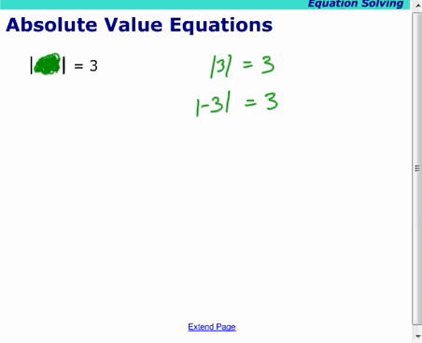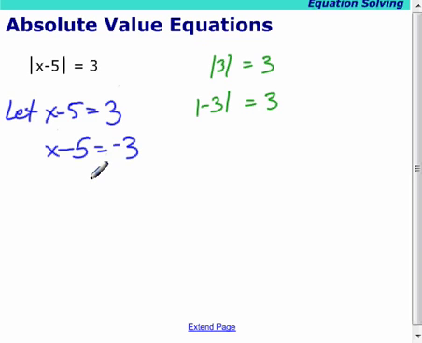So what I simply do to solve an absolute value equation is let whatever's underneath there, let x minus 5 equal either of those choices. It could be a 3, or x minus 5 could be a negative 3. I have to account for both of those, and then solve the appropriate equation.